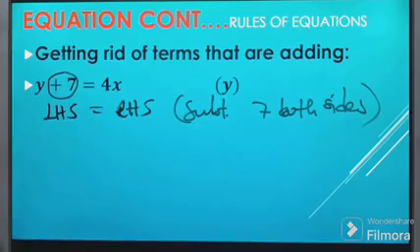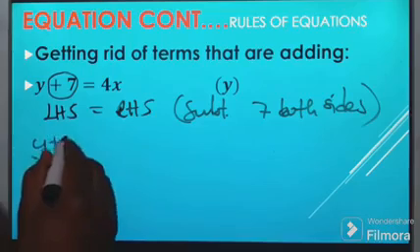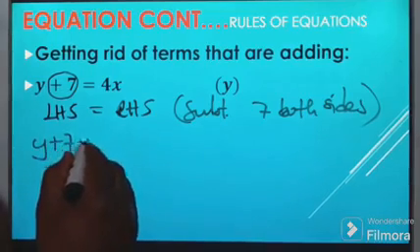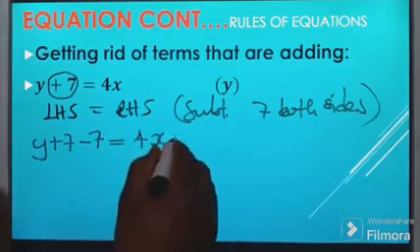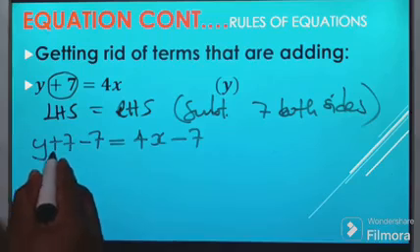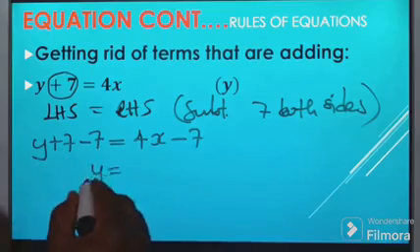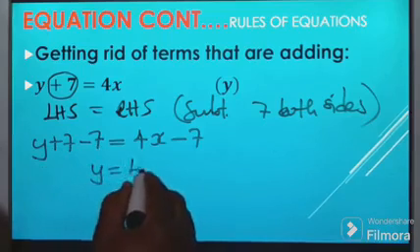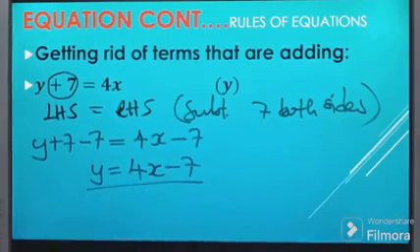So we say y plus 7 minus 7 is equal to 4x minus 7. We are subtracting 7 both sides, and this gives us 0, and we are left with y equals 4x minus 7. That means we have made y the subject.